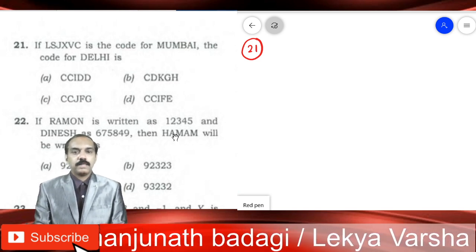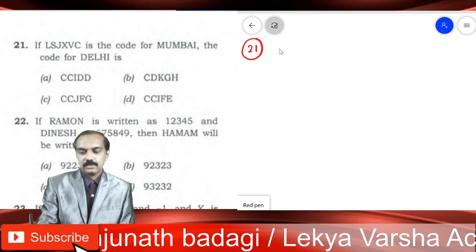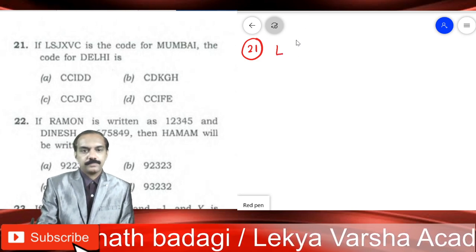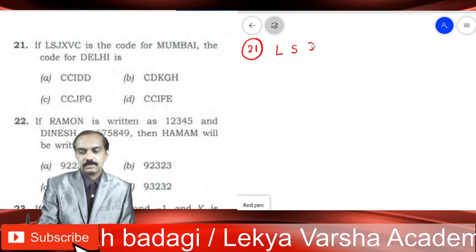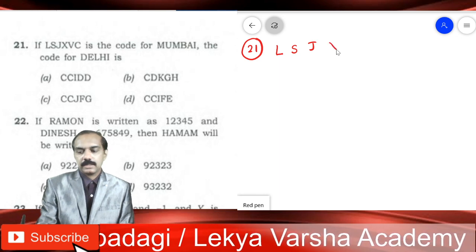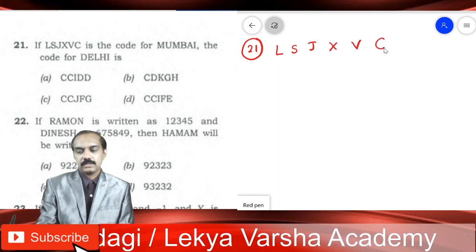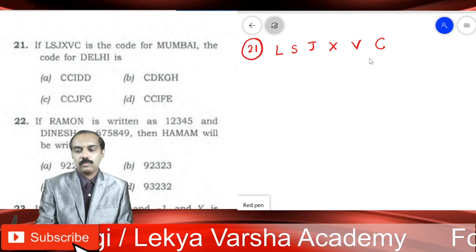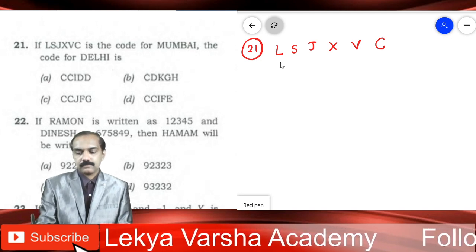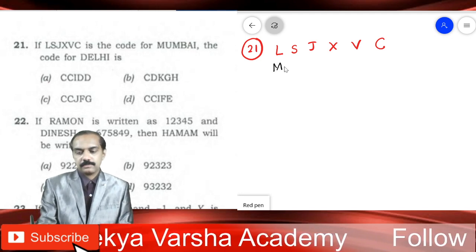So L, S, J, X, V, C. This is the code for Mumbai. Here after L, M will come.